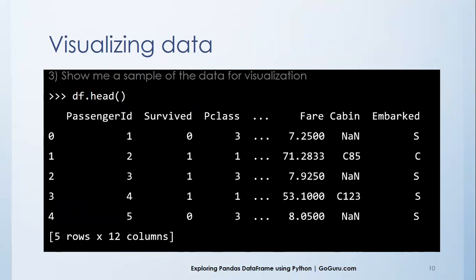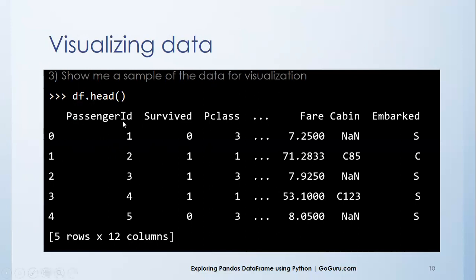This command is for, how do you get a sample of your data? To get a sample of your data, all you have to do is invoke the head method on your data frame object. By default, head gives you the first 5 rows of data. If you look at it, you will see the data, and the dot, dot, dot.